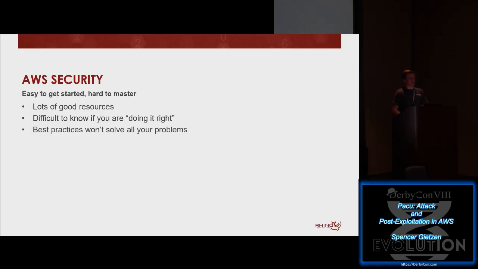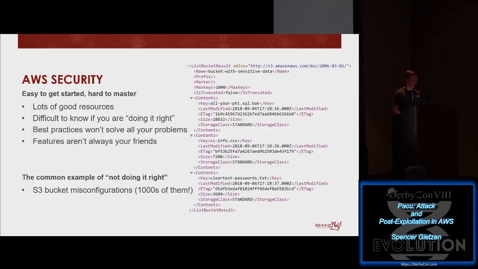In a lot of cases, best practices are not going to solve all the problems that you're going to encounter, and features aren't always your friends, so something that you think was useful might come back to bite you later. The most common example of not doing it right is the seemingly thousands of S3 bucket misconfigurations over the past couple of years, where people are just leaving their data wide open to the internet for someone to find, over and over again.